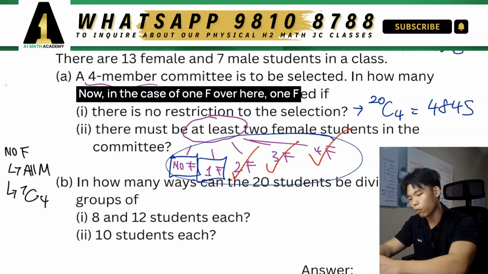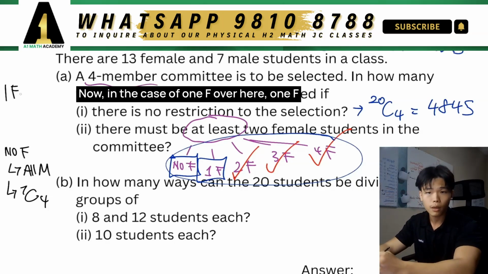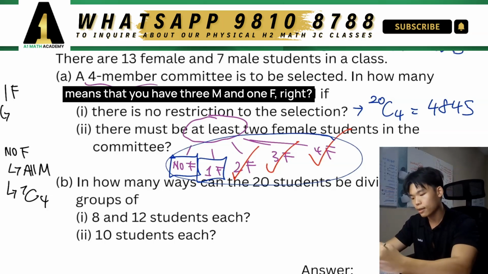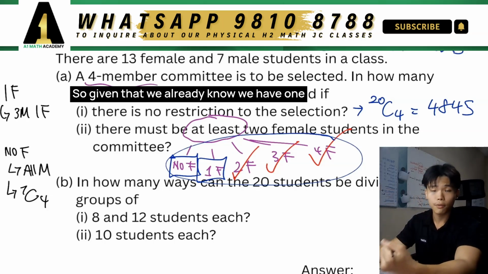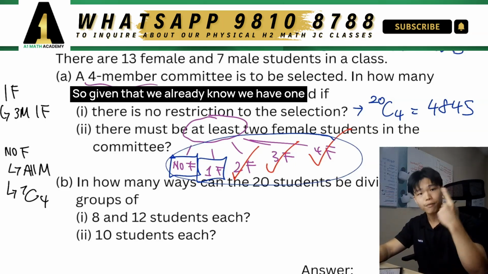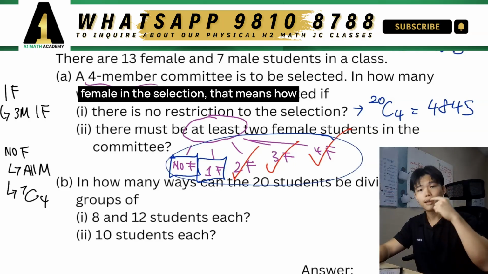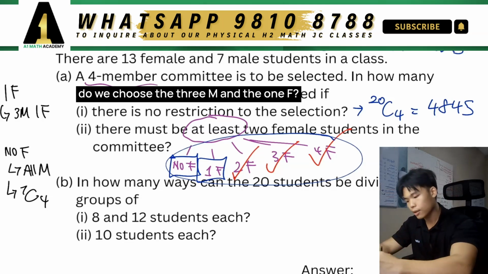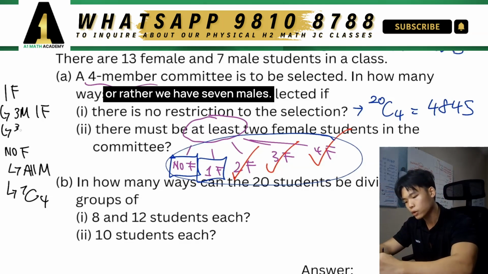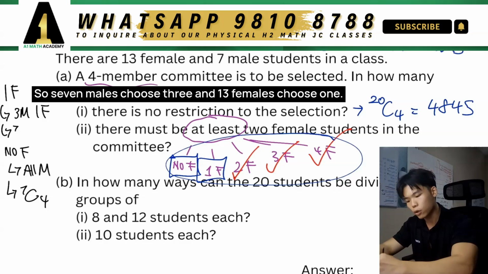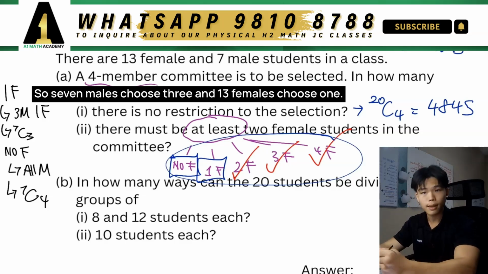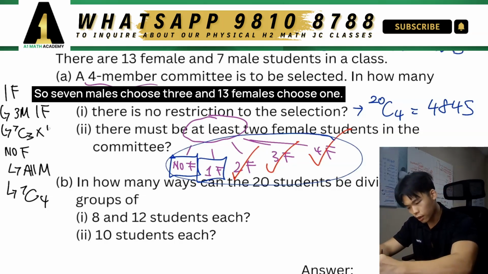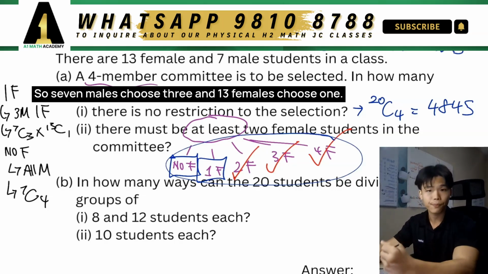Now, in the case of 1F, that means you have 3M and 1F. Given that we already know we have 1 female in the selection, how do we choose the 3M and the 1F? We have 7 males, choose 3, and 13 females, choose 1.